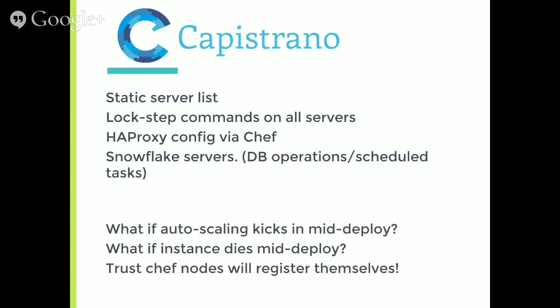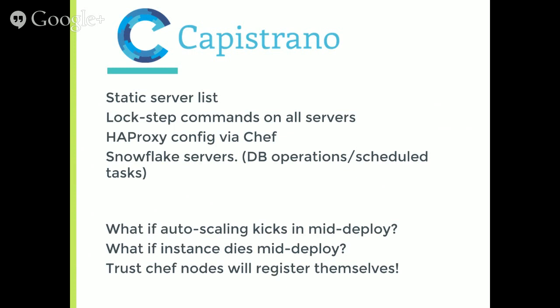You need to be aware that every time you start a deploy, a machine might get added in the middle of the deploy. So then you start worrying, all right, I should just block the autoscaling from running. No problem. What if an instance dies mid-deploy? Well, you cannot run from that one. You can also just turn off autoscaling, which would prevent autoscaling from removing one, but they might still die.